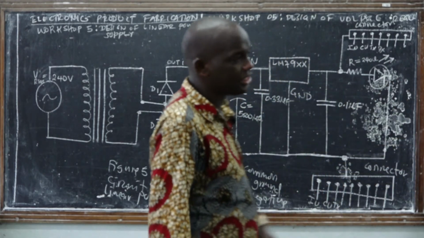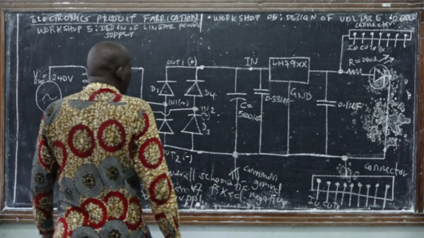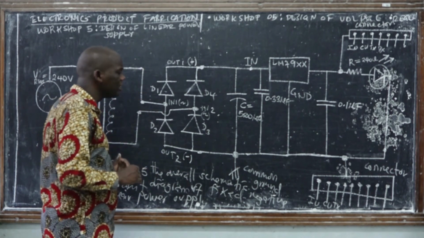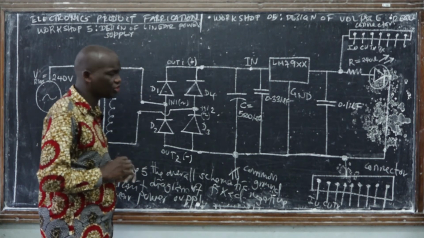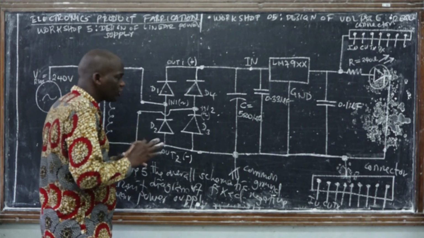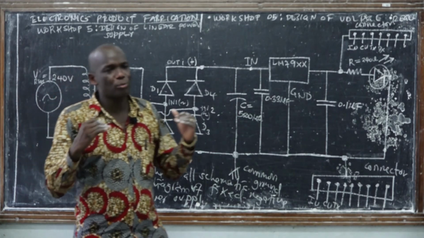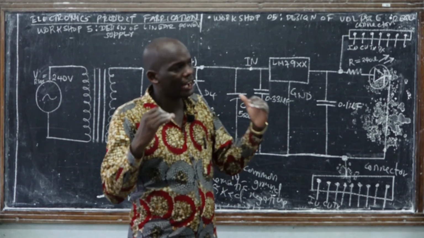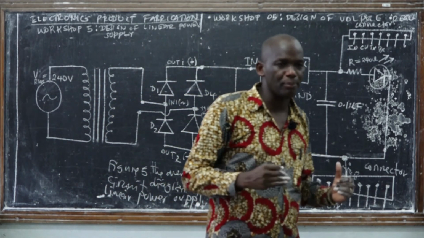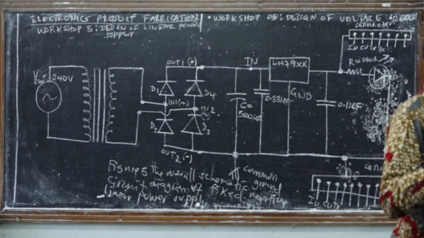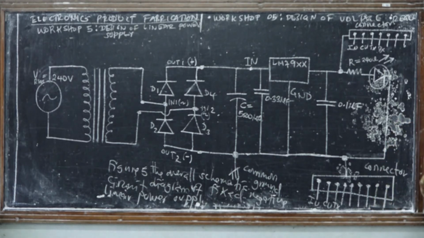Then the third case. In most cases of designing electronic systems, most voltage regulators are limited in output current, which is either 1 ampere or 1.5 ampere. Sometimes you might design an electronic system that needs a power supply of 2 ampere.